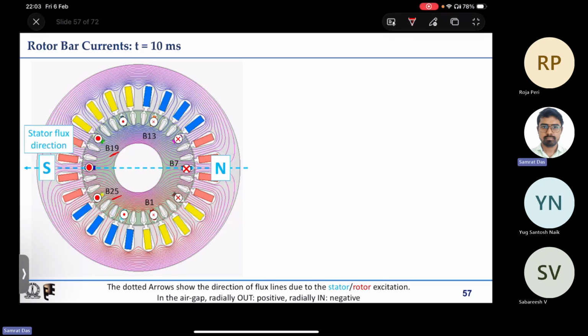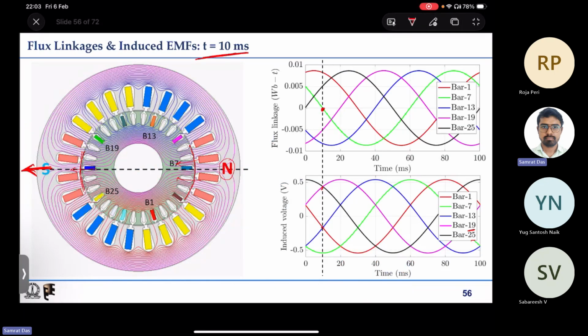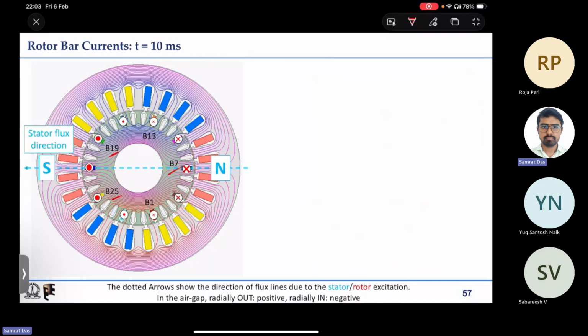And 7, you can see, is basically the peak induced EMF, so I have to indicate it by a thick cross mark. The others have some negative value, which is why B7 has been given a thick cross mark, and the others like B13 and B1 are given some cross currents.